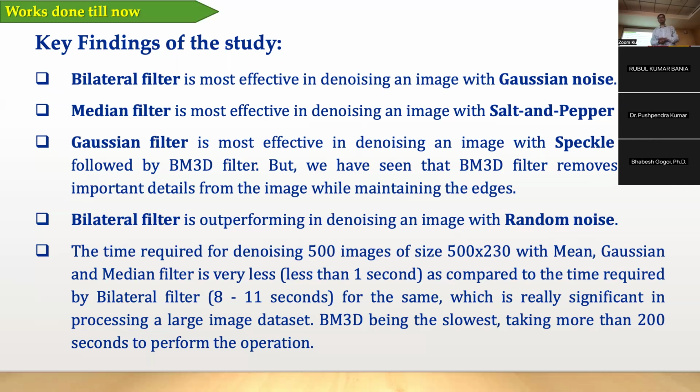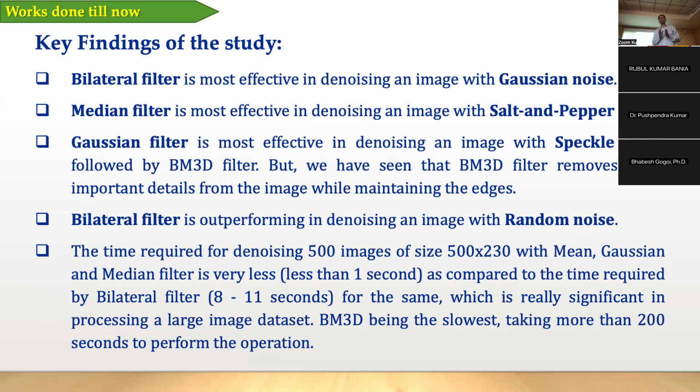The median filter also performs well like the linear filters, taking around 0.5 to 0.7 seconds for denoising 500 images. The bilateral filter gives good results, but it takes around 8 to 11 seconds for denoising 500 images.